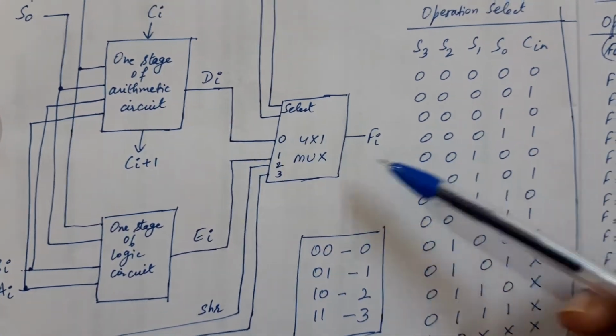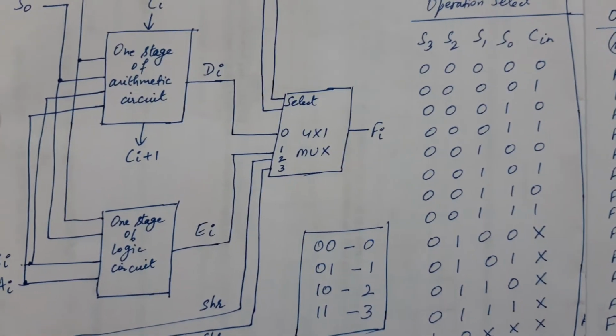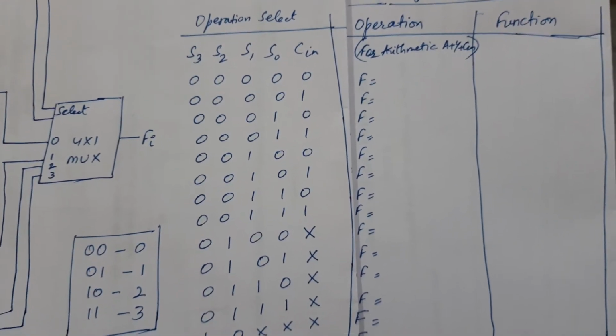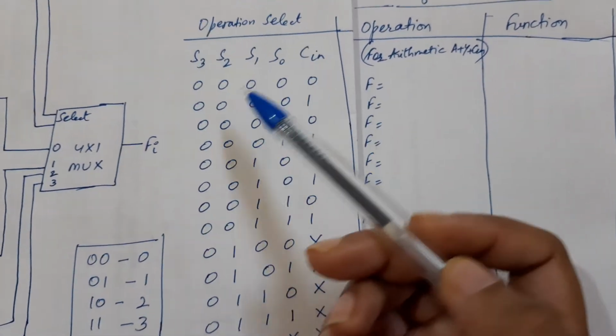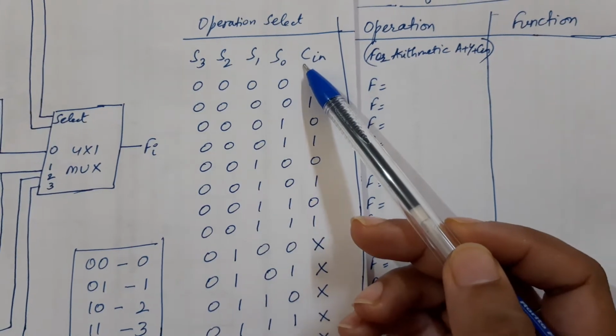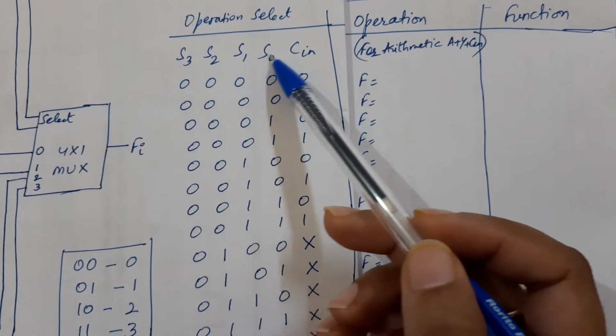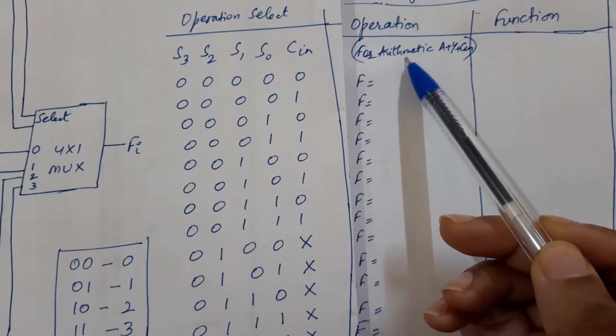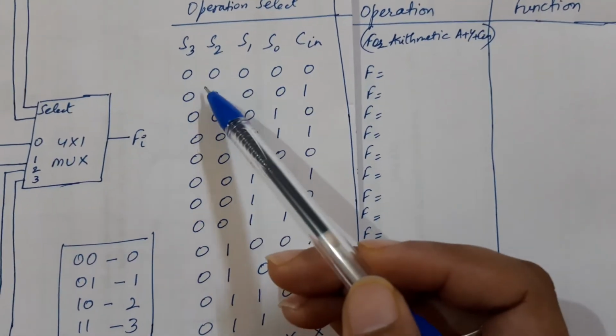So now comes the functional table of the arithmetic logic shift unit. First of all, you have the operation selection S3, S2, S1, S0 and C input. These are all inputs from which we get the operation specified and its function.